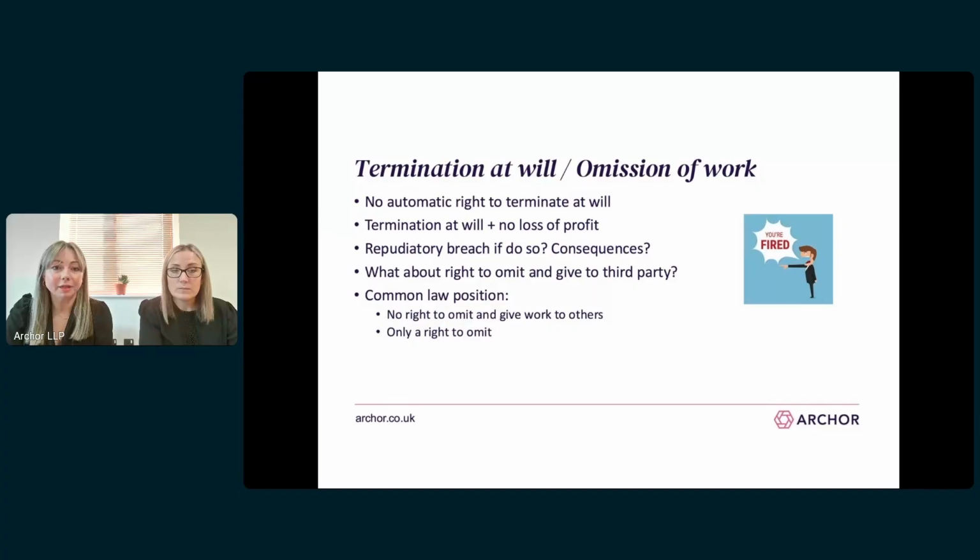If there is a termination at will clause, you'll often see it paired with wording that says the contractor is not entitled to recover from the employer any profit it would have made on the remainder of the works if the employer does terminate. Again, this puts a lot of risk onto the contractor with no certainty of profit on the works. If a contractor is going to agree to this in the main contract, the right needs to be passed down into the supply chain to limit any losses the contractor may suffer from the employer just deciding they don't want to proceed with that contractor.